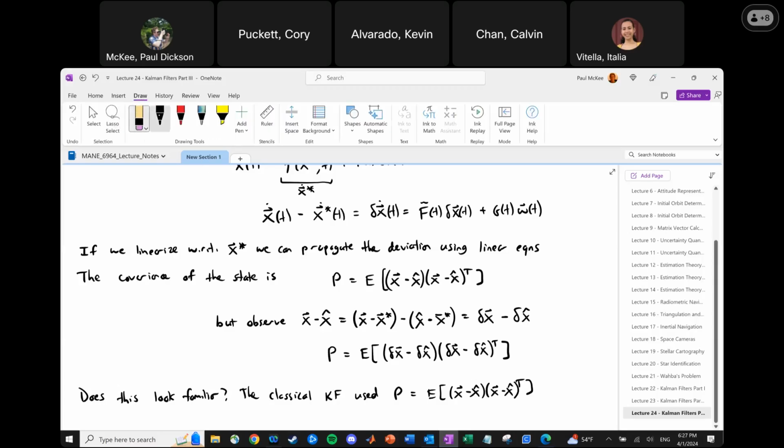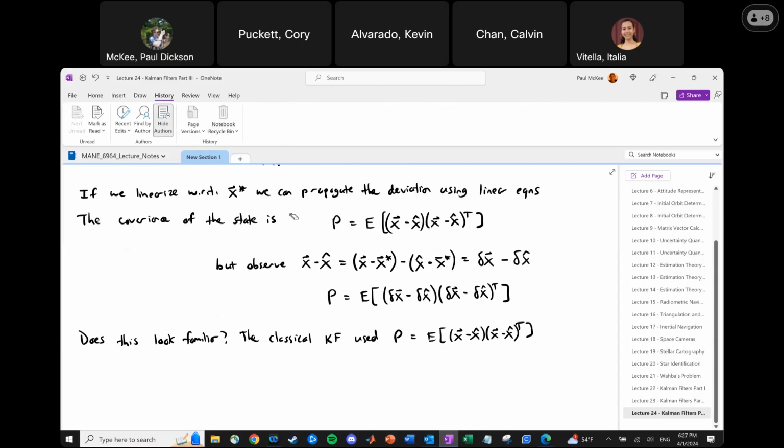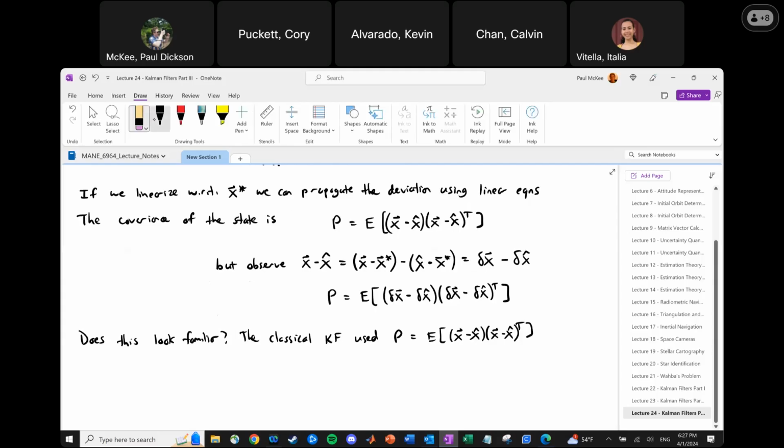That's kind of our idea here. So what this means is we can skip several steps and use the same tools as the classic Kalman filter after this linearization.